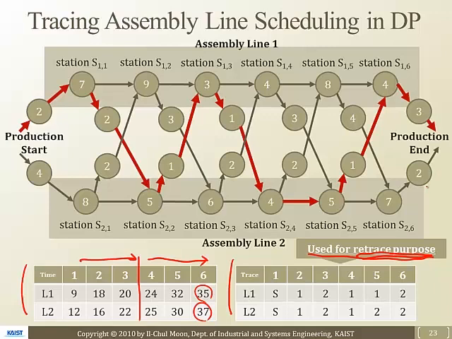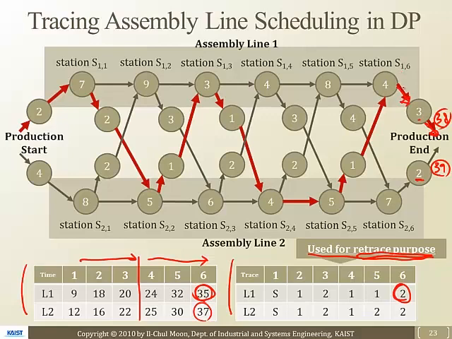Means that at the end of the day, we have 39, because we have to count 2, and we have 3, and 38. 38 minutes and 39 minutes. Means that we have to take it from the station 1, 6, right? 1, 6 would be a better way to do this.